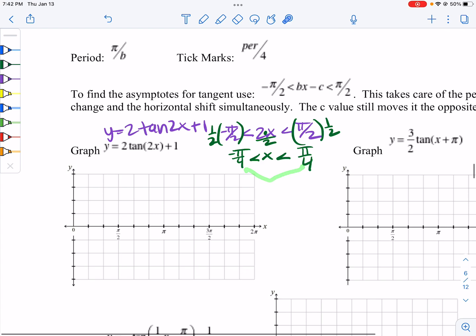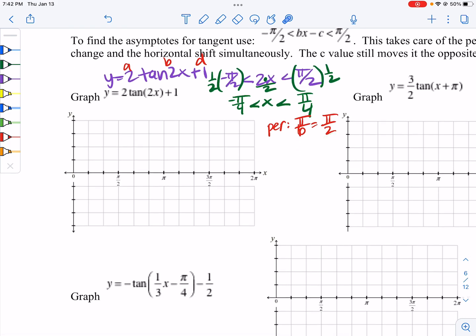If we look at our values, this is the a, b, and then we don't have a c, so there's no horizontal shift, and there's a d. If we find the period, remember the period is pi divided by b. Our b value is 2, so our period is pi halves. So the distance from negative pi fourths to positive pi fourths is the distance of pi halves.